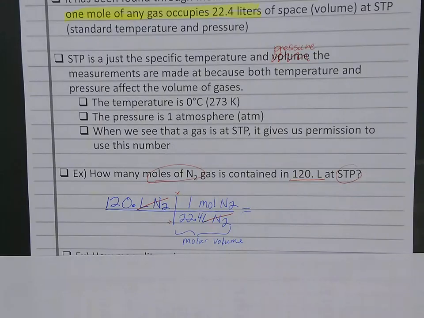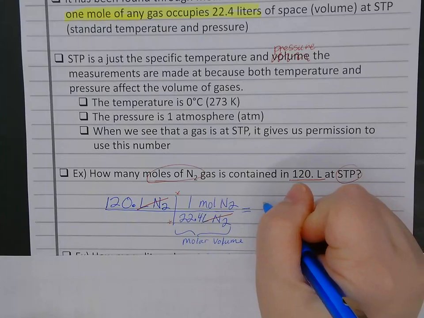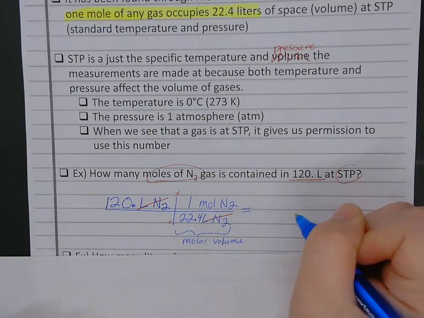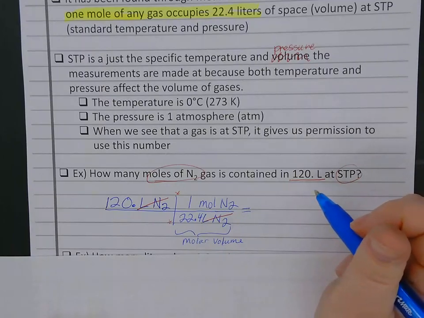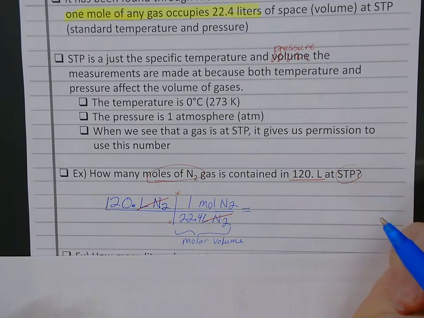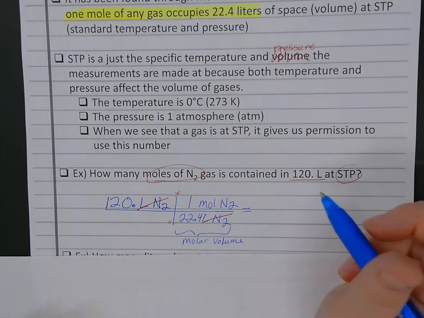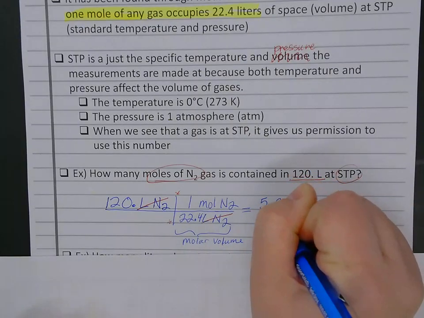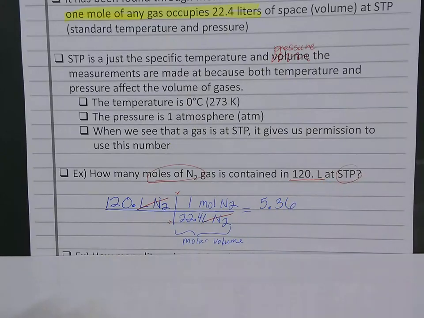So let's find out what that is. All right, what do you guys get? 5.36? All right. So 5.36 what?